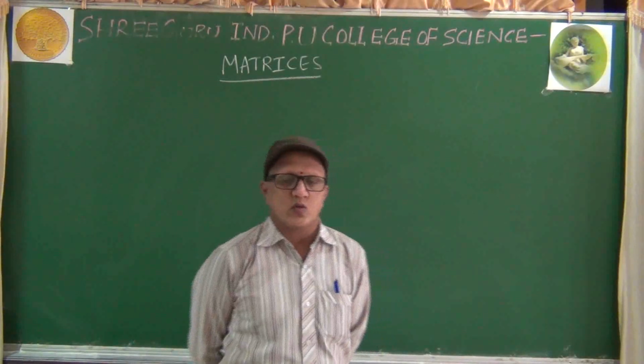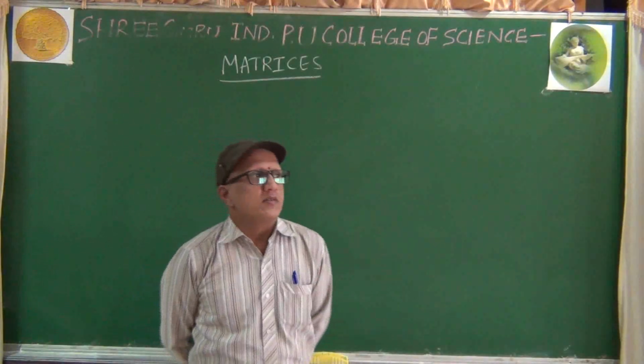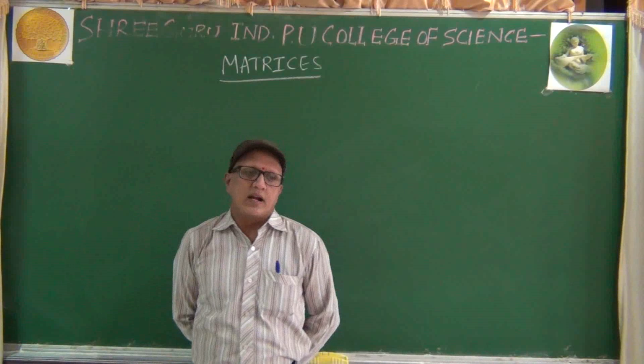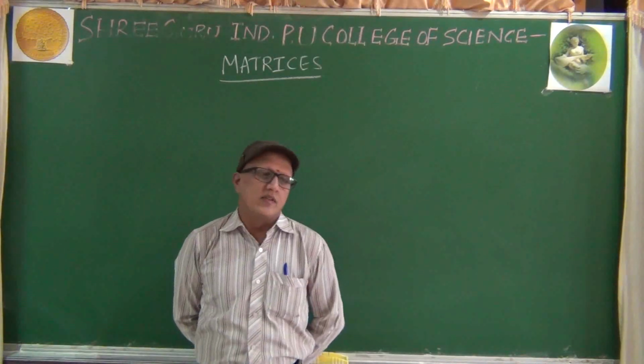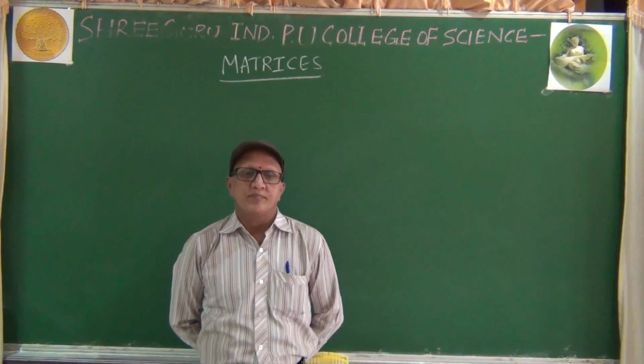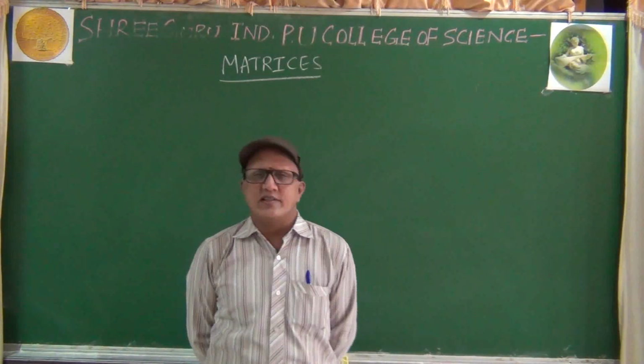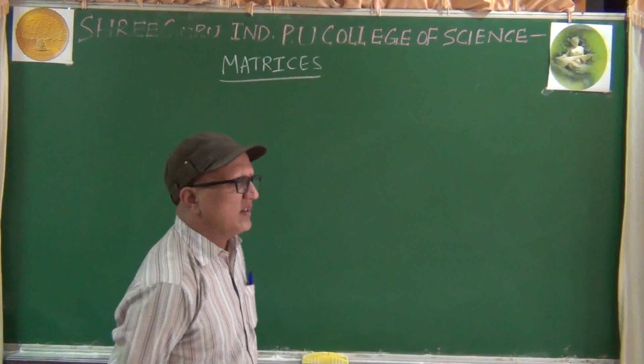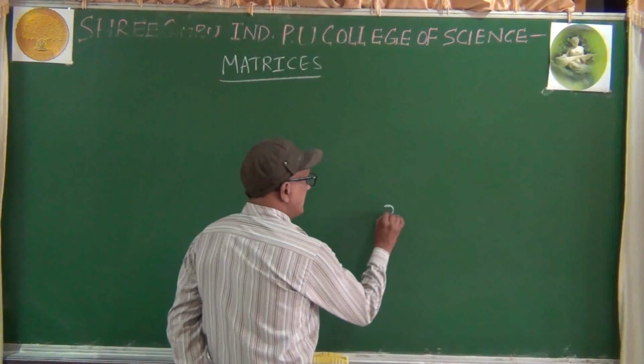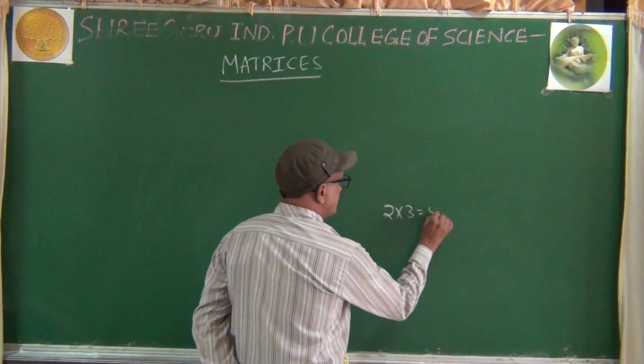9 marks we can score easily, but students, because of not practicing properly and not having much patience, lose some marks by making silly, very small mistakes, particularly these 2.